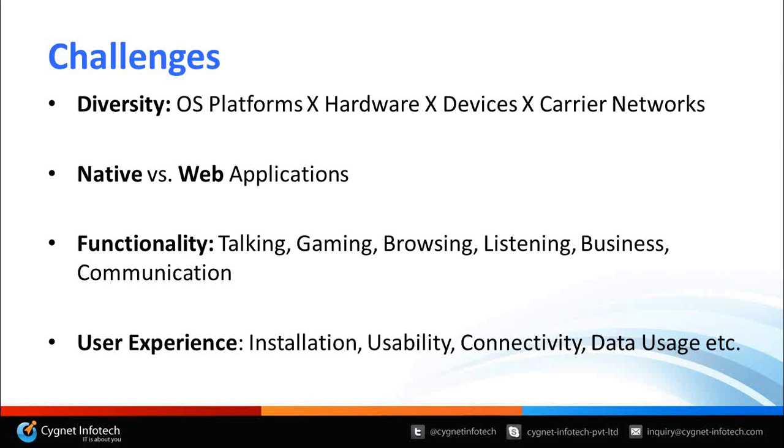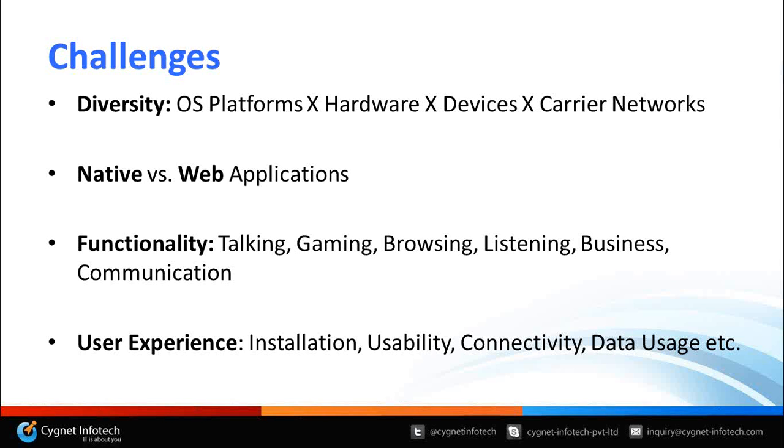If it's a native application, it would differ a little because native applications are directly installed on the devices, and based on the operating system or the platform, the code base may change slightly for the same application when it gets installed on iOS or on the Android platform. So you have to account for all this.